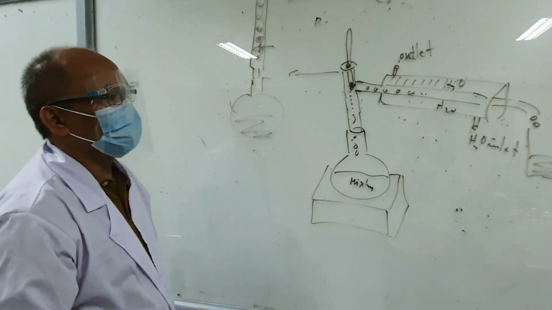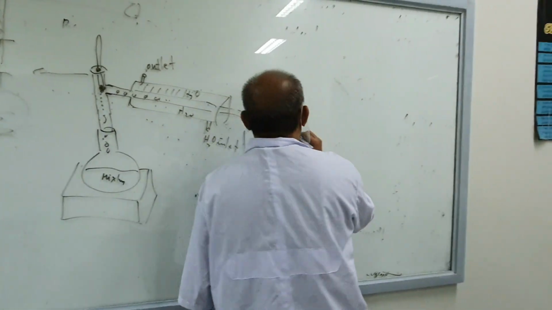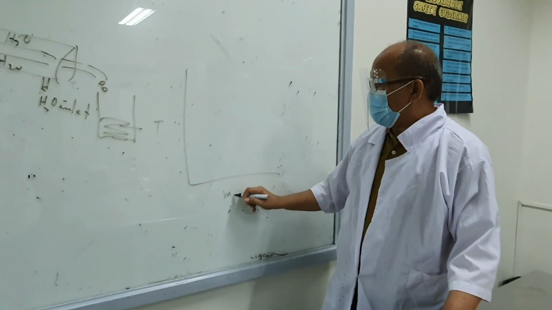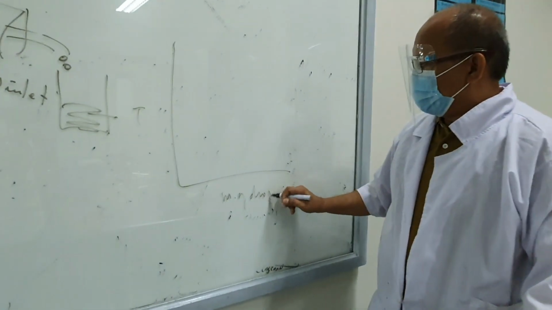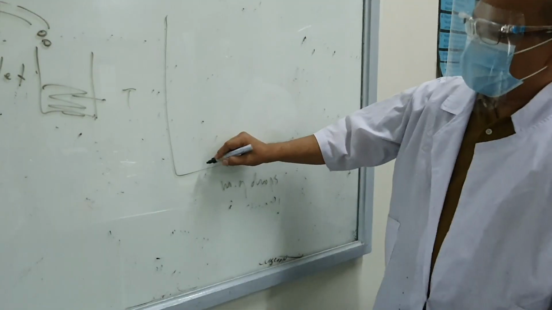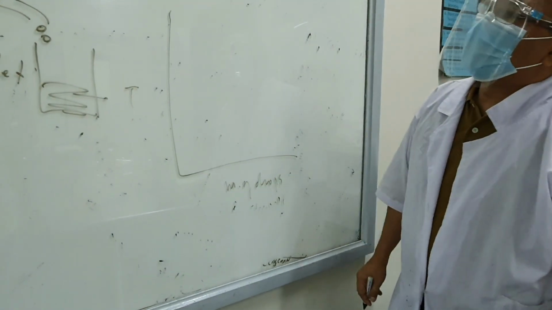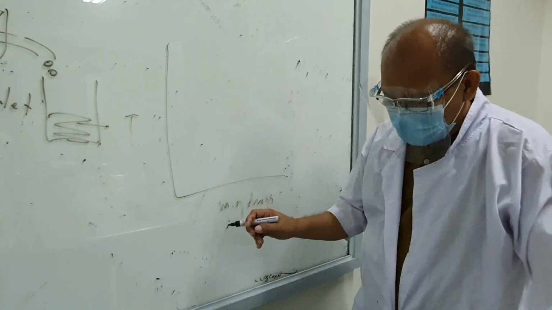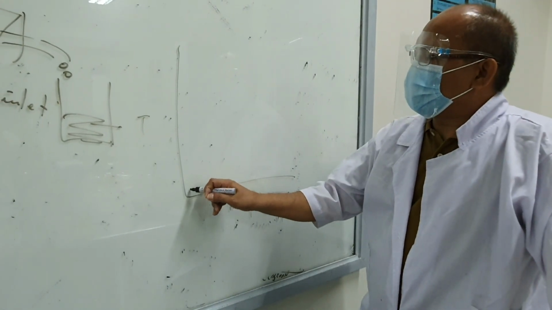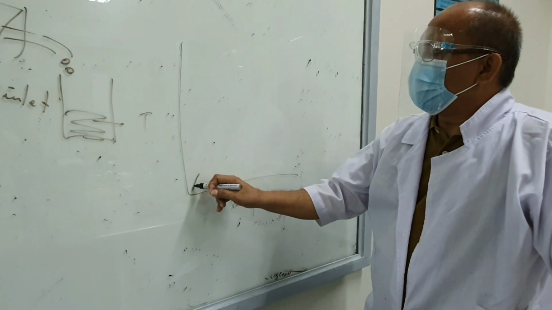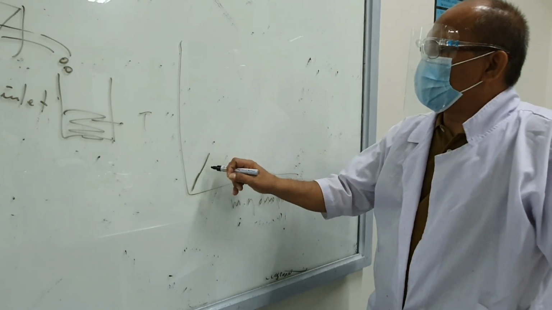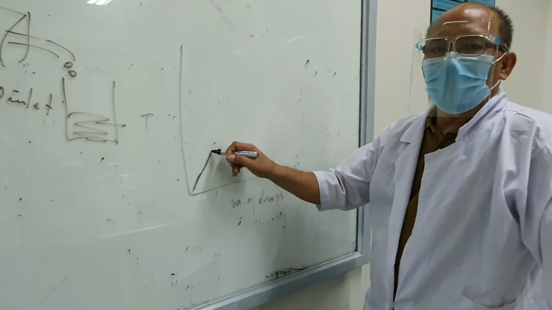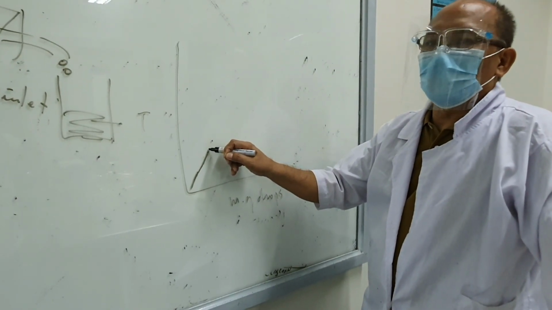And how are you going to detect that? You can detect that if you plot temperature versus number of drops. When you have liquid, once the liquid starts to boil, of course, when you heat the liquid, the temperature will increase because there is no equilibrium yet.